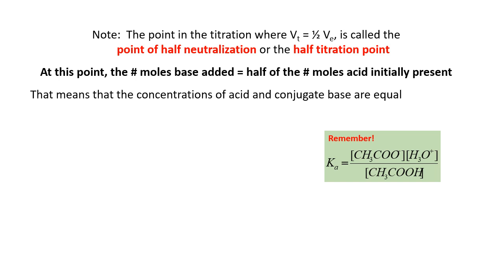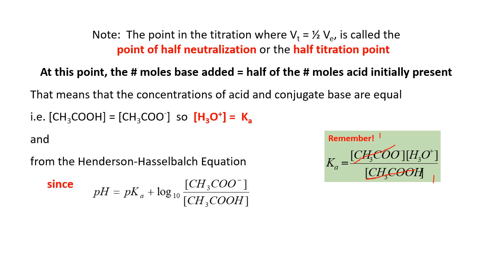Remember this expression: because the concentration of acetic acid, for example, and the concentration of acetate ions would be equal at the half neutralization point, then if we look at our K expression, the ratio between this and this would be 1 to 1 because they're equal, so Ka would be equal to the hydronium ion concentration.